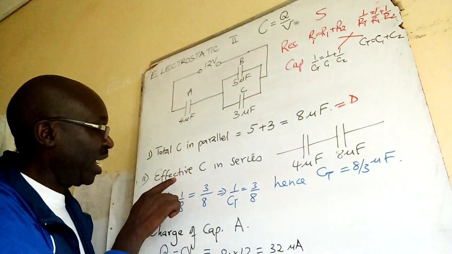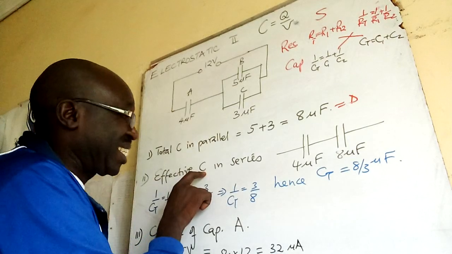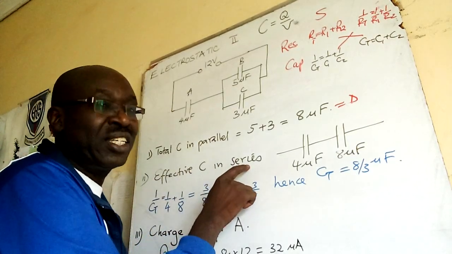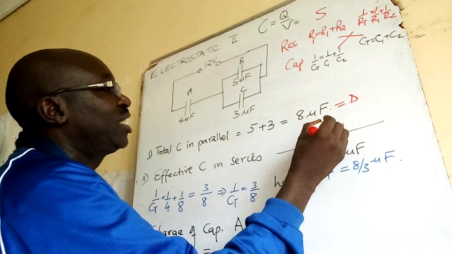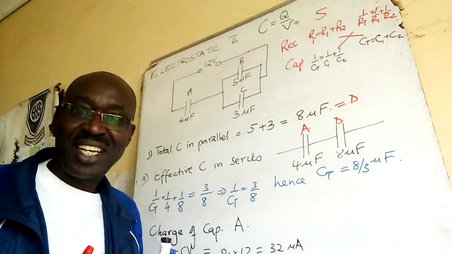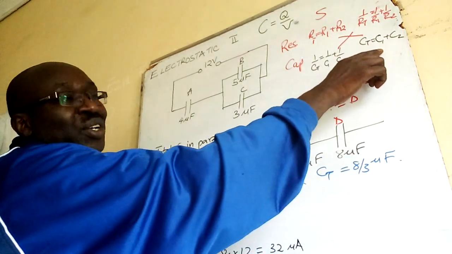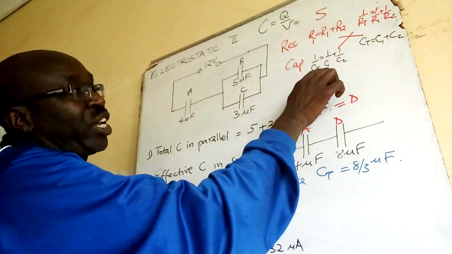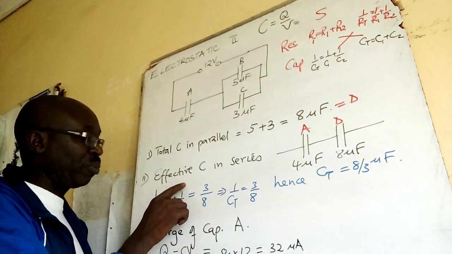D and A will be in series. So effective capacitance in series, this is like A if you are following, and this is D. You do the reciprocal here. 1 over CT is 1 over 4 plus 1 over 8.